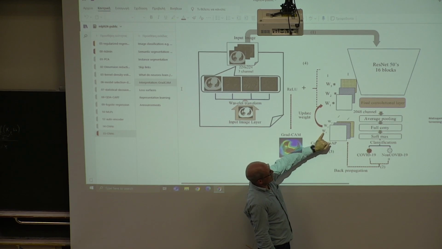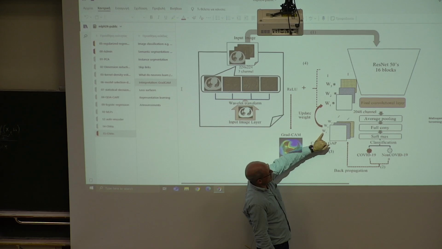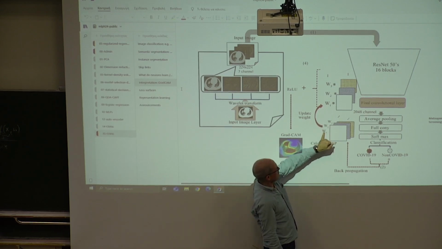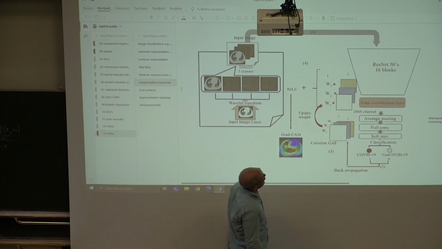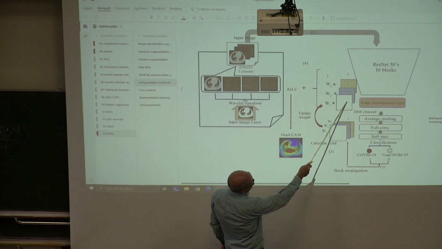So we just get for each of these convolutional maps a single number that sums up their average activity, W1, W2, W3. And these numbers are then multiplied with the actual activation maps.